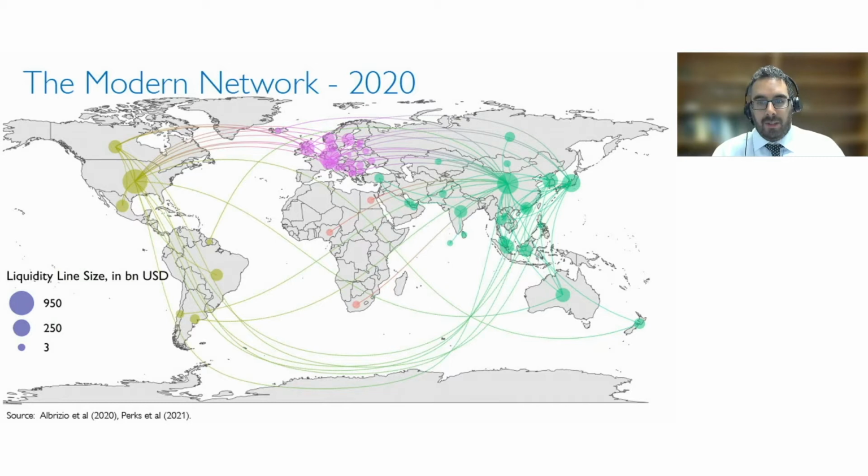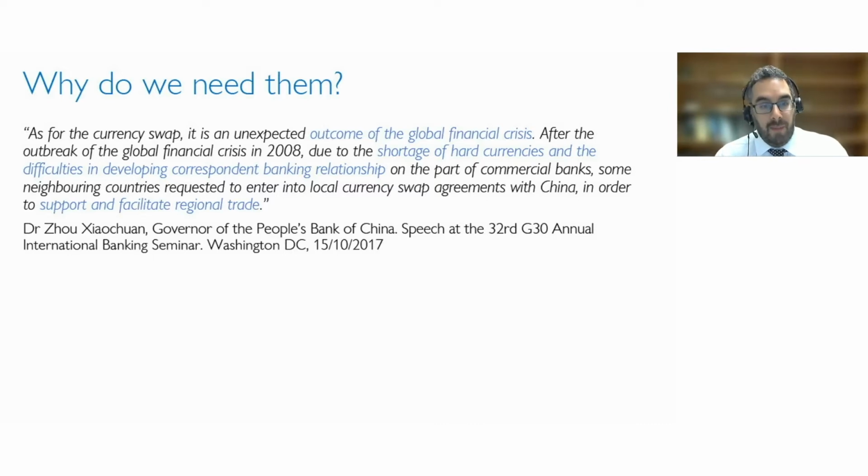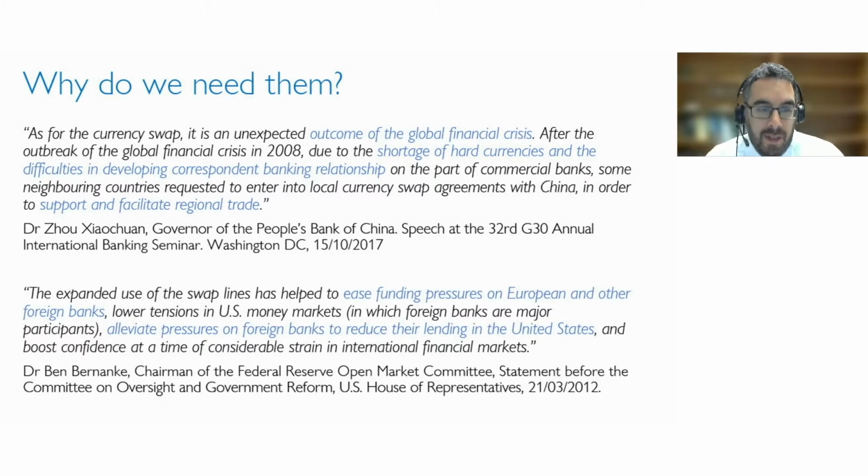And just to illustrate this difference in motivations, I have a couple of quotes here that will make this point. I'm not going to read them out, but I'm just going to show the different language that's been used to describe the swap lines by the governor of the PBOC and then the chairman of the Federal Reserve. You can see these two quotes here.